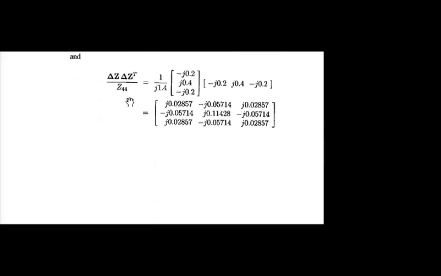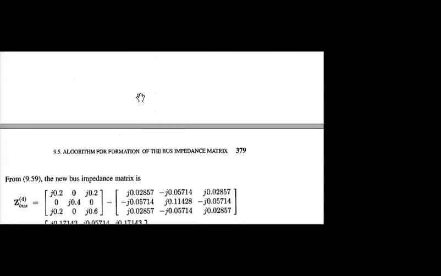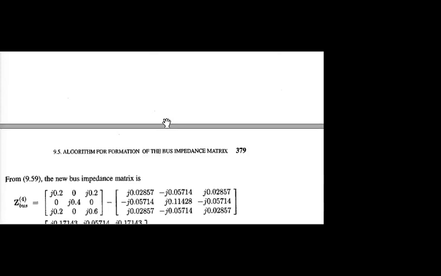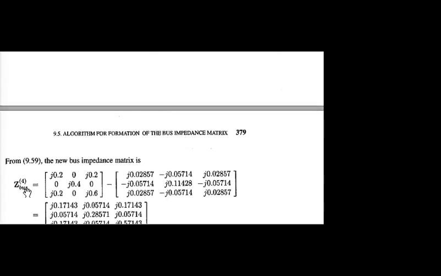So I think you have made the calculation for del Z transpose over Z44, and now we can consider the fourth element, Z bus 4. This Z bus 4 will be which value?